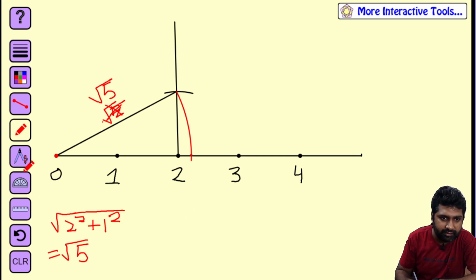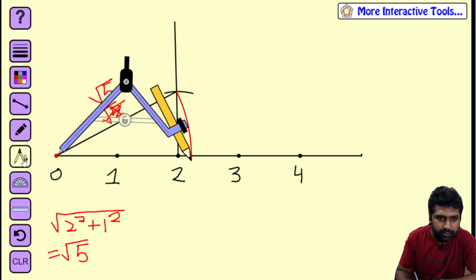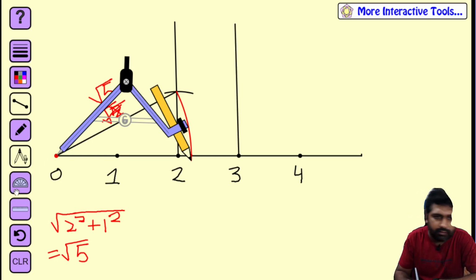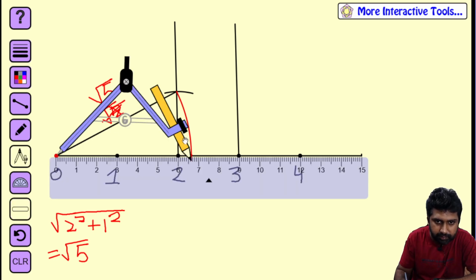Now the same thing we are going to do on the 3 unit point. We are going to create a 90 degree angle on it. Let's create a 90 degree angle again on it, and we are going to need the compass.